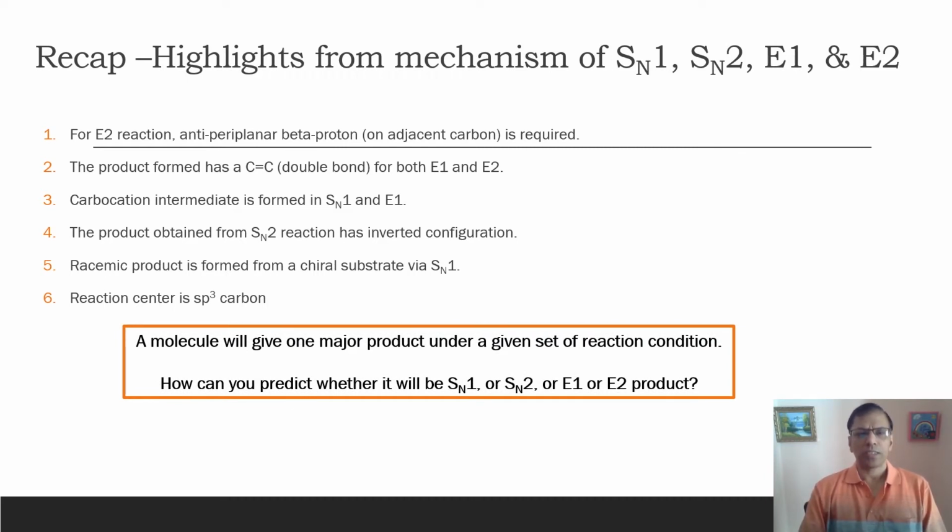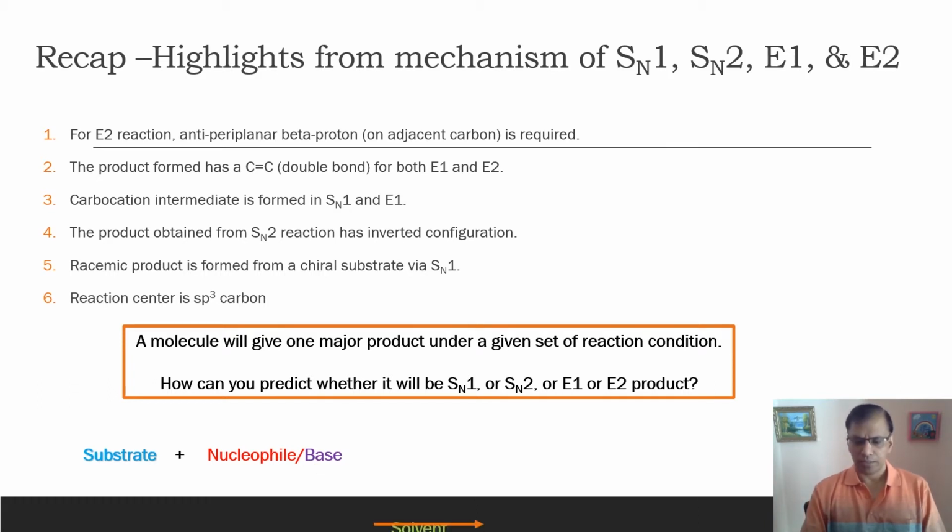In the next few minutes, we'll learn what factors control the different types of substitution and elimination reactions. There are three main factors. One is the substrate, which will control the type of reaction. Then you have the nucleophile or the base.